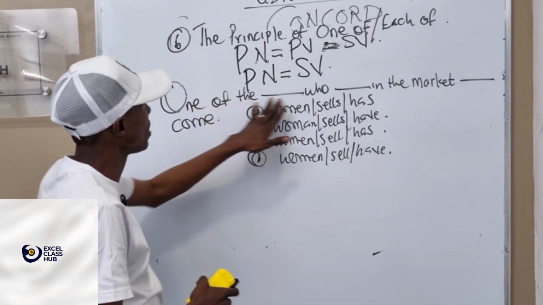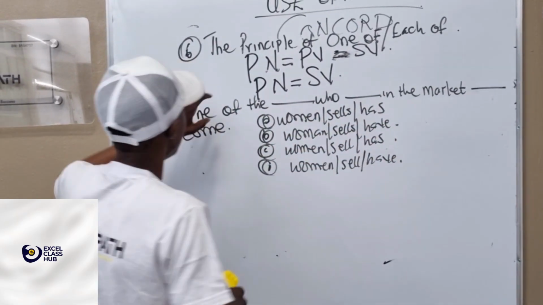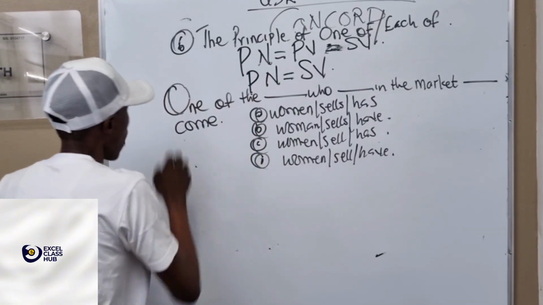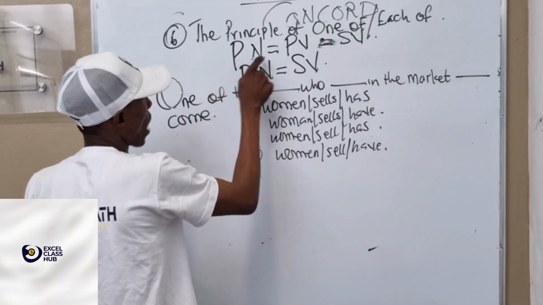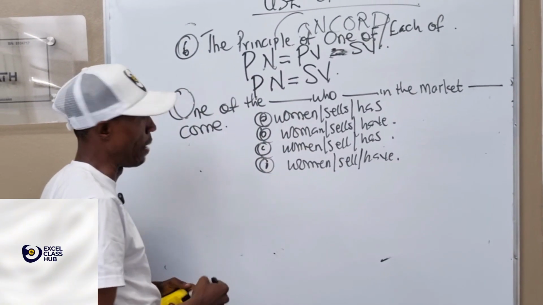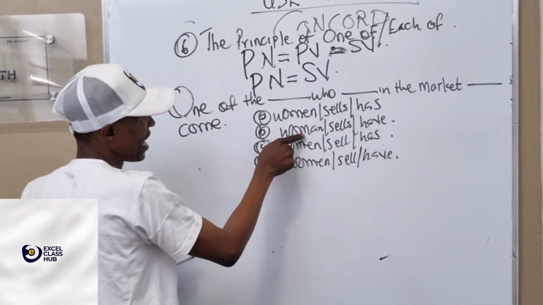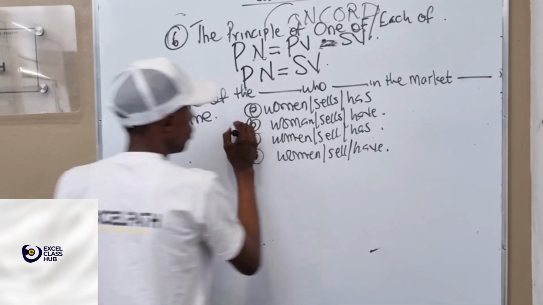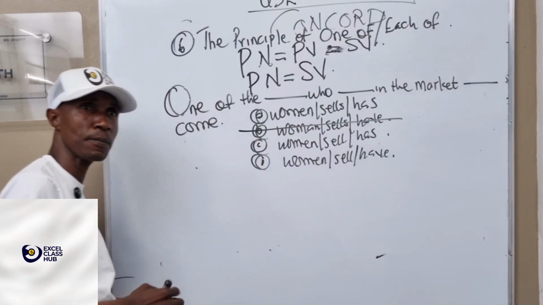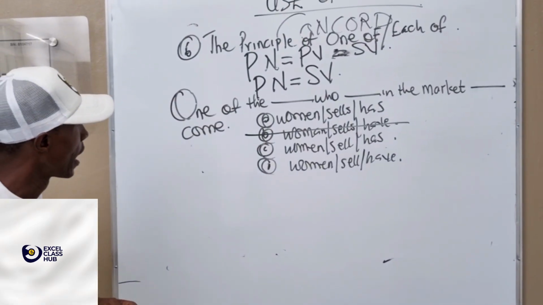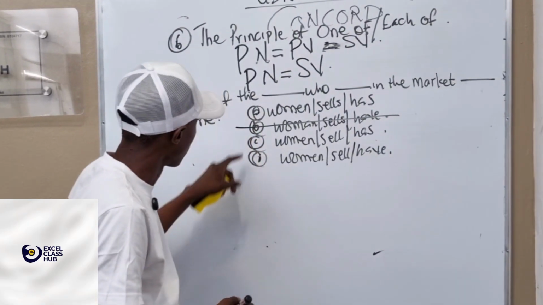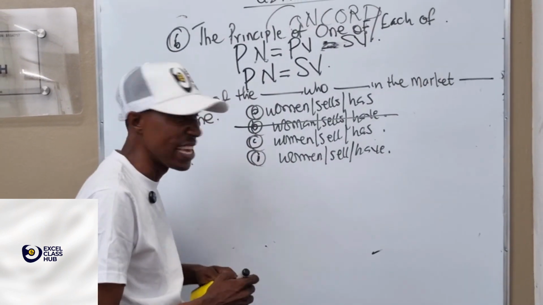And here we have 3 dashes. One of the plural noun, we are talking about women. But option B is starting with woman. So it is wrong. So the A, the C, and the D are correct.